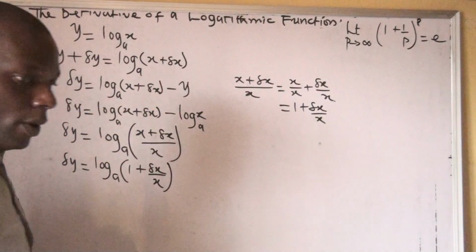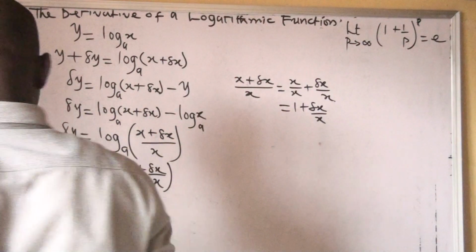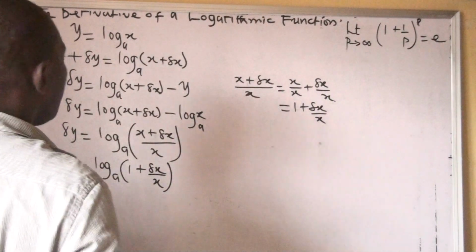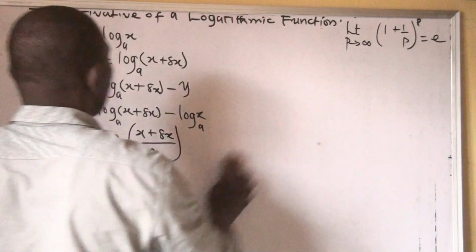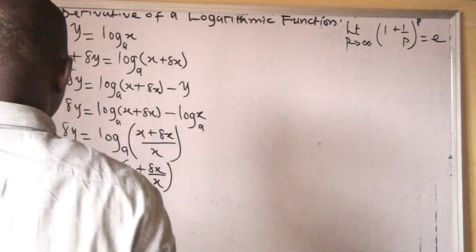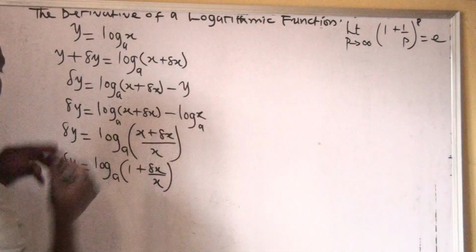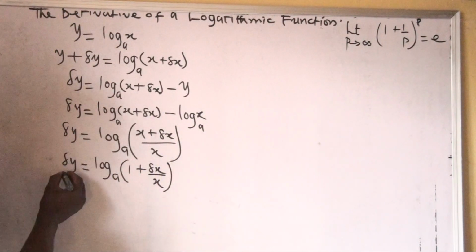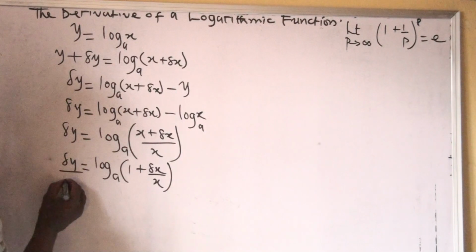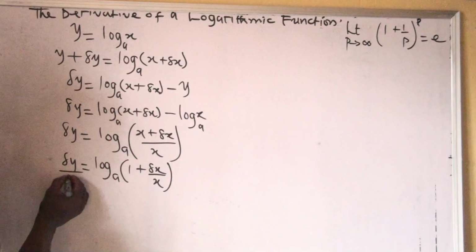We know what we are looking for: dy/dx. So we divide both sides by delta x.